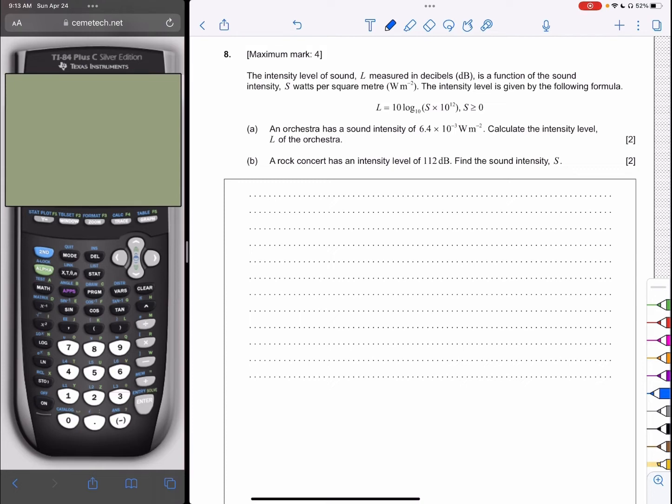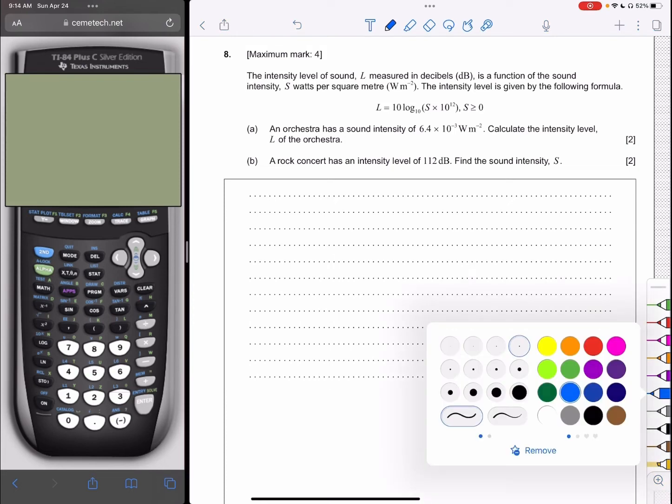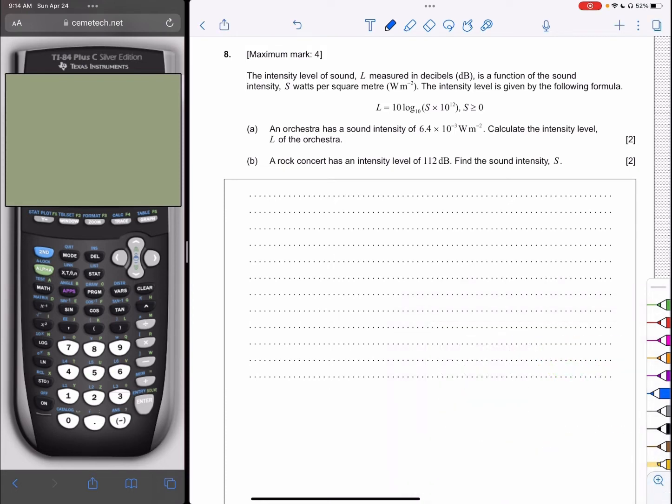So for part A, it says an orchestra has a sound intensity of 6.4 times 10 to the power -3 watts per meter squared. And then it says we want to calculate the intensity level, or L, of the orchestra. So that means all I'm doing is substituting this value in.